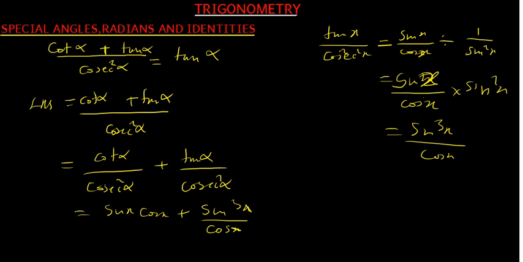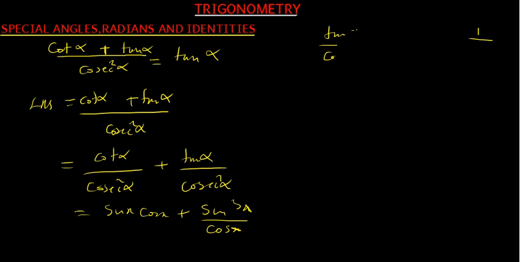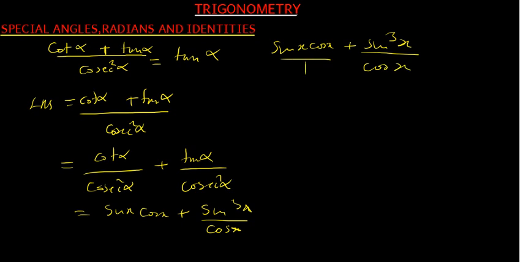So at this point, I can add these two expressions which I have. We are saying sin x cos x plus sin cubed x over cos x. I can also say the first is over 1, and then I multiply.